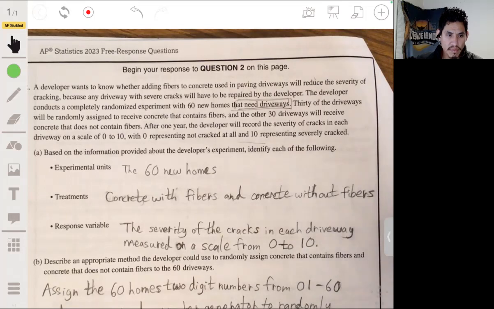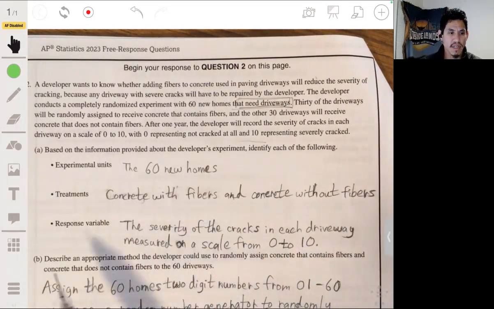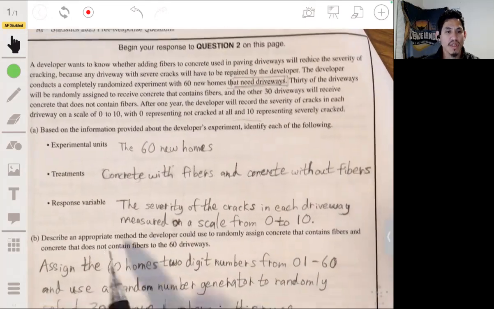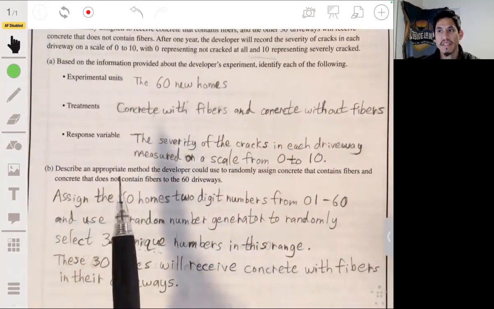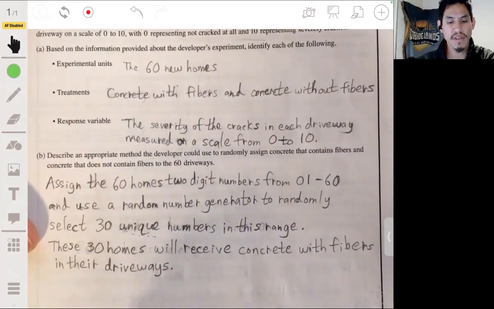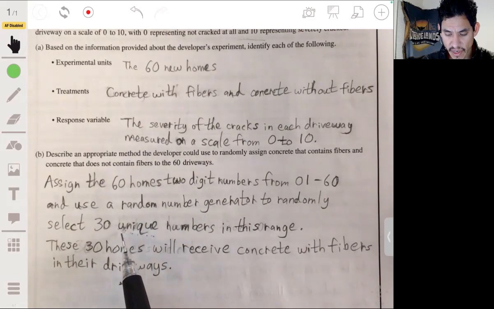Right, part B: describe an appropriate method that the developer could use to randomly assign concrete that contains fibers and the concrete that does not contain fibers to the 60 driveways. Okay, so what they could do is use random assignment with a random number generator: label the 60 homes with 2 digits from 01 to 60, and randomly select 30 unique numbers in this range.